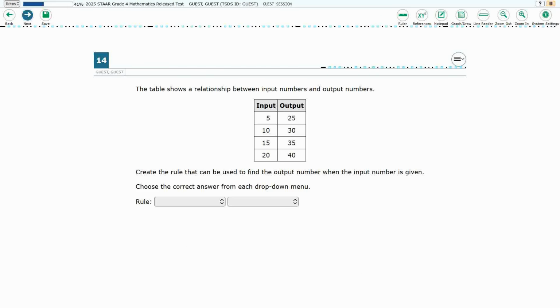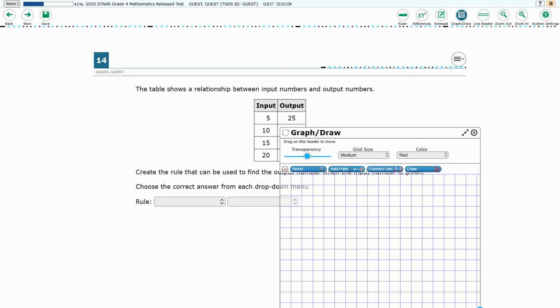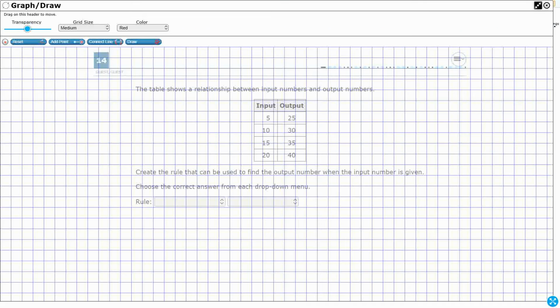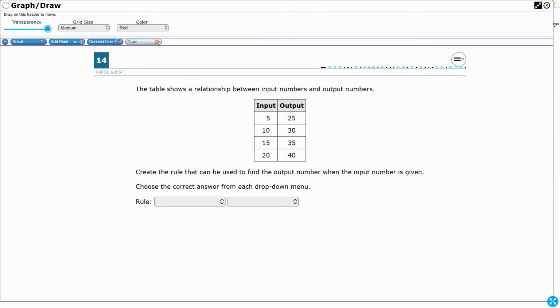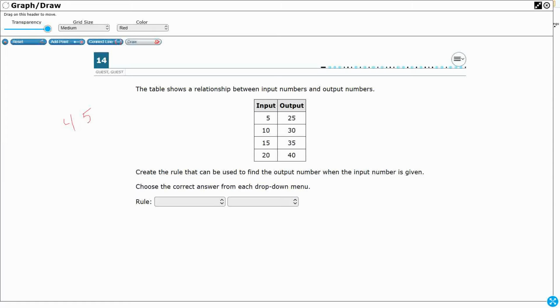For number 14, we are looking at input-output tables. This is 4.5b. And as you can see, we've got some inline choices we're going to need to make there. We need to be able to find the relationship between the input and output numbers. We need to find the rule. Well, our input and output are going left to right, so we need to be looking left to right.